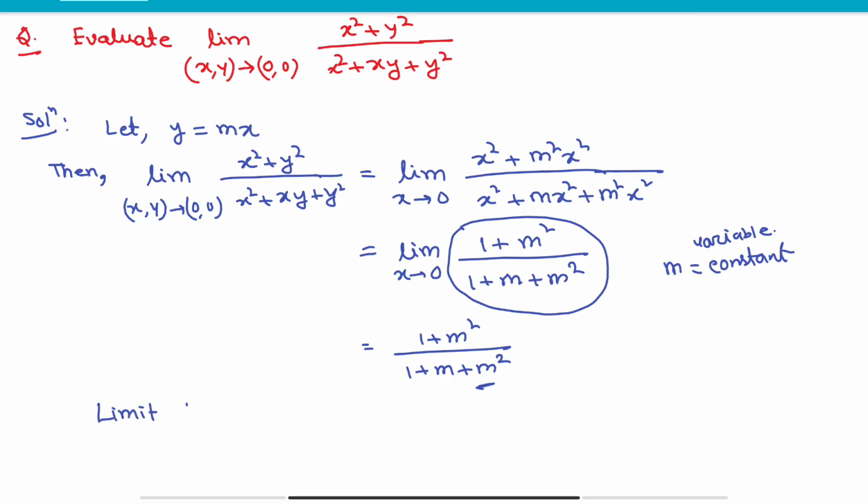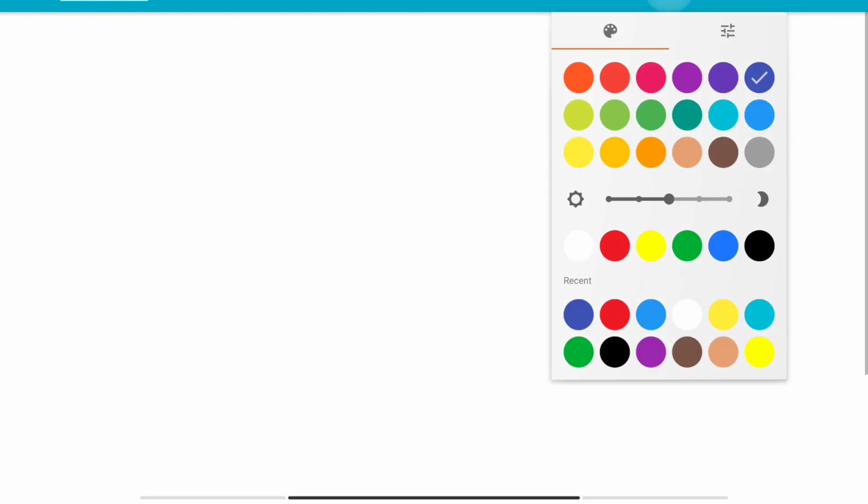Clear? Limit does not exist. So in this way you can solve limiting problems. All these concepts are for simultaneous limit or double limit. Now come to the next topic, that is repeated limit.